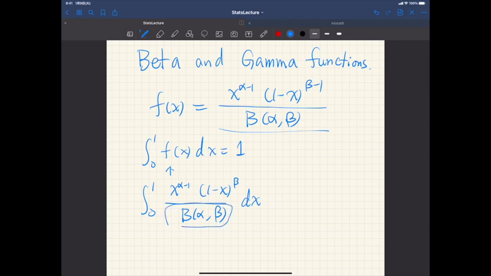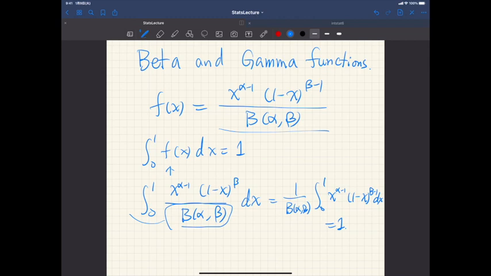But this is constant, so we can put this out of the integral, and the integral of x^(α-1)(1-x)^(β-1) dx is equal to 1, right?